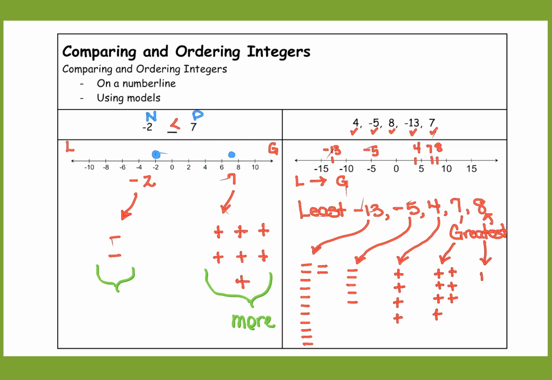And 8, our greatest value, has 8 positive signs. We remember the greatest number is on the right and has the most positives. The least number is on the left. Left is less.